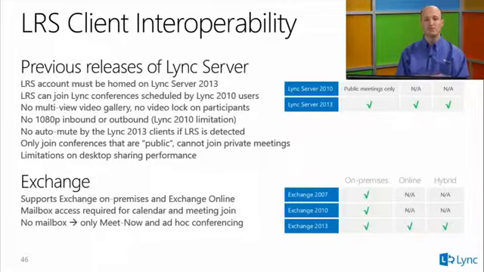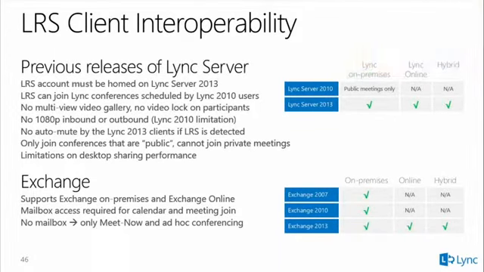The Lync Room System can join Lync conferences hosted by 2010 users, but when joining those, they get no multi-view and no video lock on those participants. They get no 1080p inbound or outbound. It's simply a limitation of Lync 2010. There's no auto mute by the Lync 2013 clients if LRS is detected. They can only join conferences that are public, and can't join private meetings.